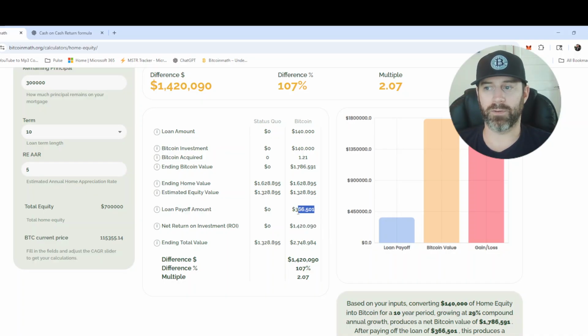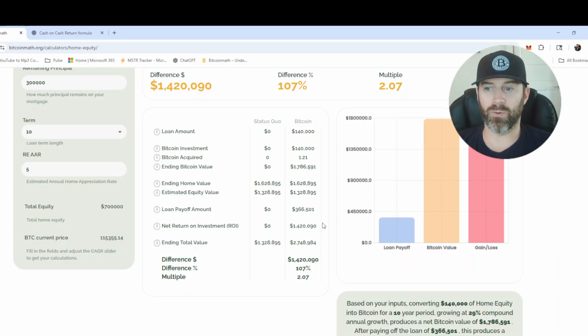So you've paid off your loan, right? Your $366,501 is now paid off, and you've still got your 1.32 in home equity, but you've also got this additional 1.42, right?